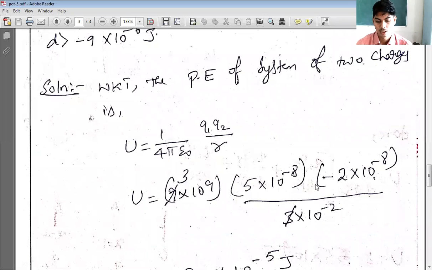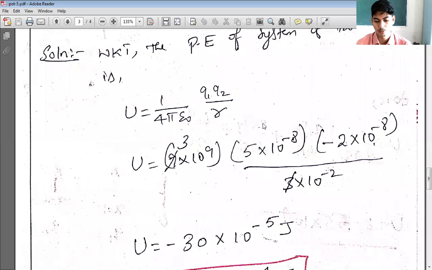So 5 into 10 power minus 8, Q2 is minus 2 into 10 power minus 8, divided by the distance between the charges, which was given as 3 centimeter. 3 centimeter is 3 into 10 power minus 2 meter. Centi is 10 power minus 2. 3 ones are 3, 3 threes are 9, cancel. 3 fives are 15, 15 twos are 30 with a minus sign.